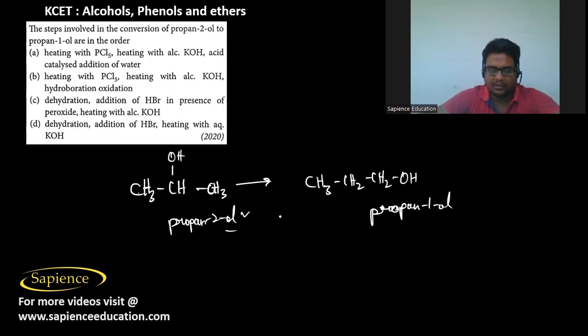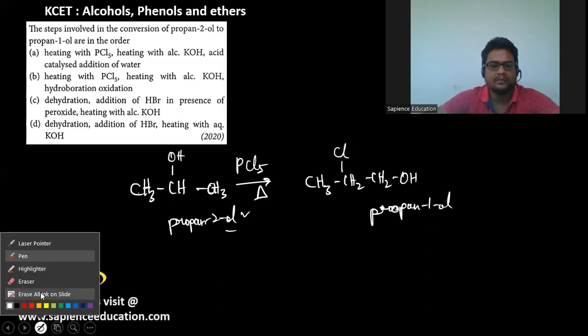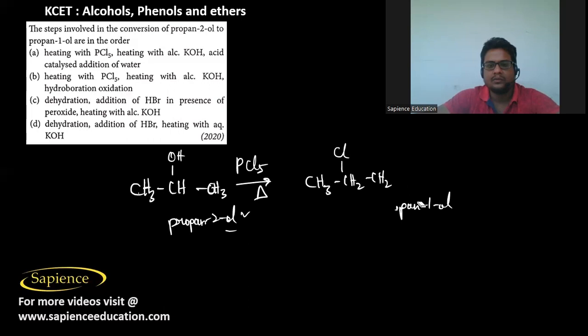So how can it be obtained? First it is heated with PCl5 to obtain 2-chloropropane. 2-chloropropane will be formed.